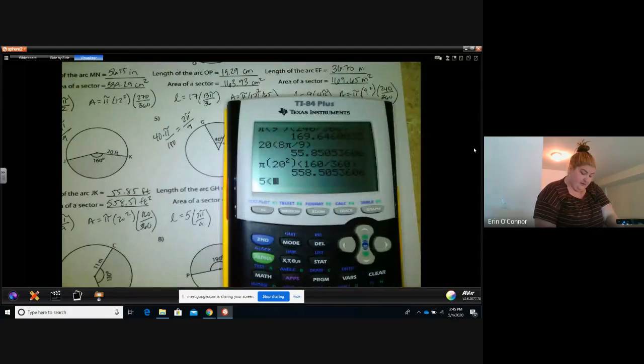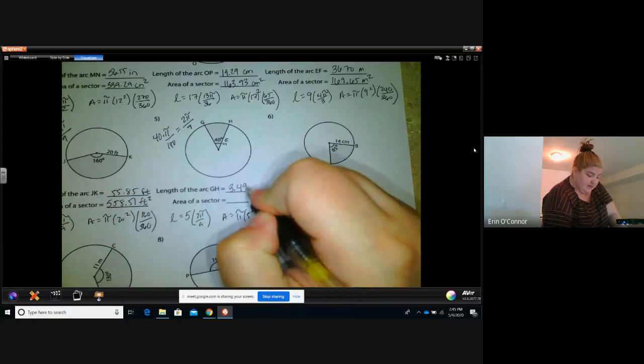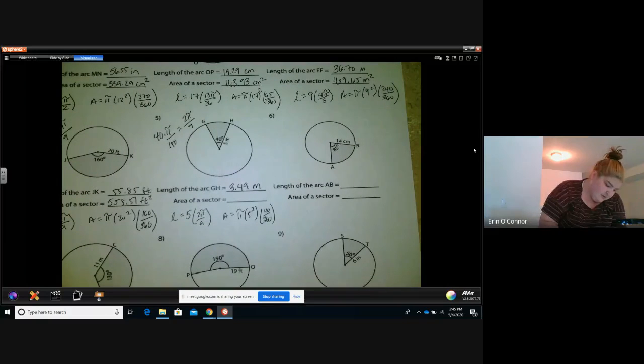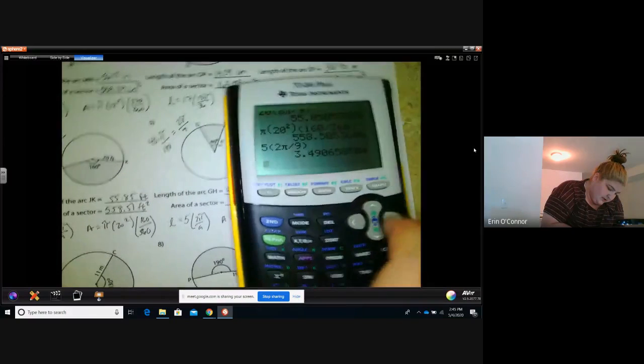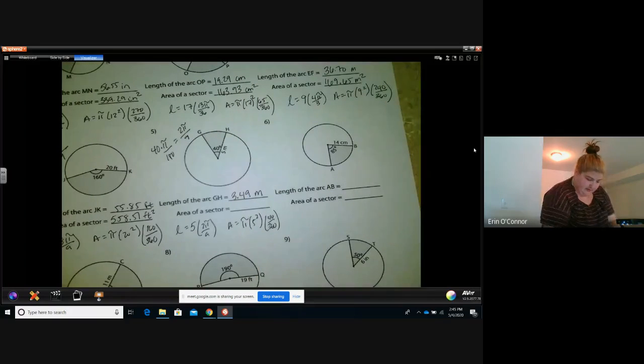So 5 times 2 pi divided by 9 gives me 3.49 meters. And then the other one is pi 5 squared times 40 divided by 360, which is 8.73.